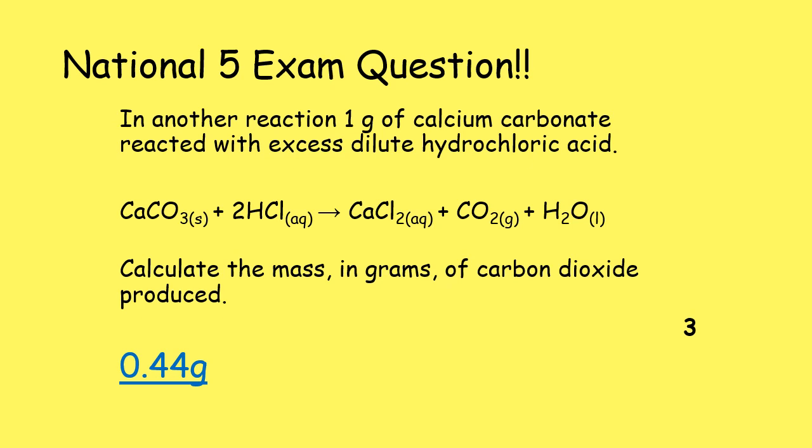The mole ratio of calcium carbonate to carbon dioxide is 1 to 1. 1 mole of calcium carbonate to 1 mole of carbon dioxide. The gram formula mass of calcium carbonate is 100. The gram formula mass of carbon dioxide is 44. And using all that information, you should have found out that 0.44 grams of carbon dioxide is produced.